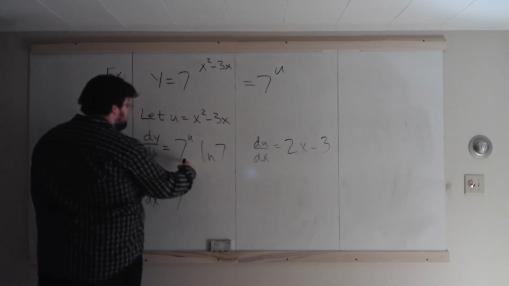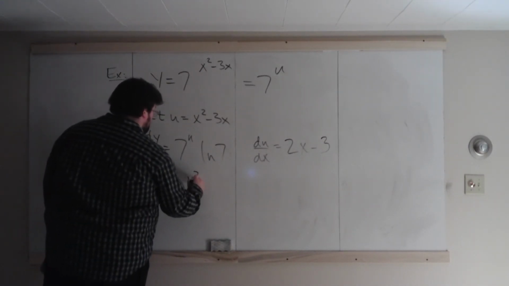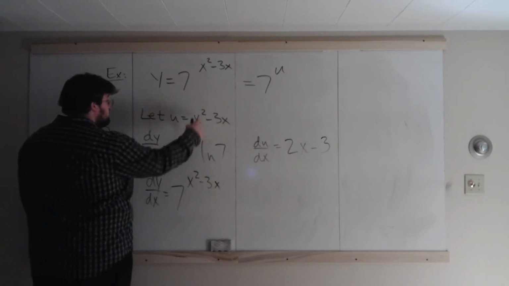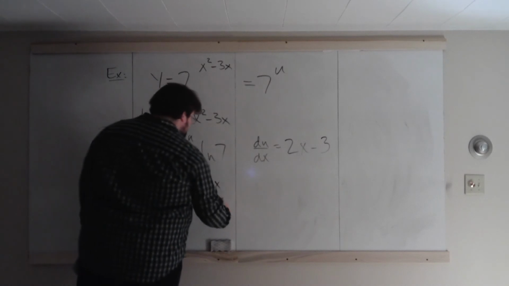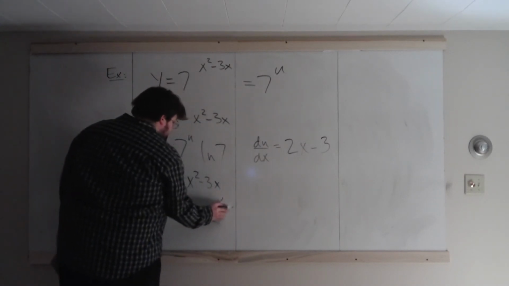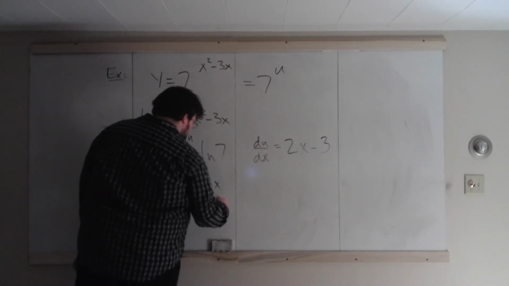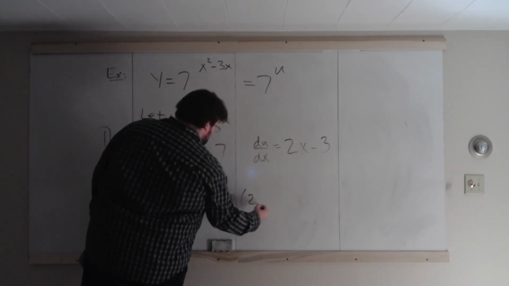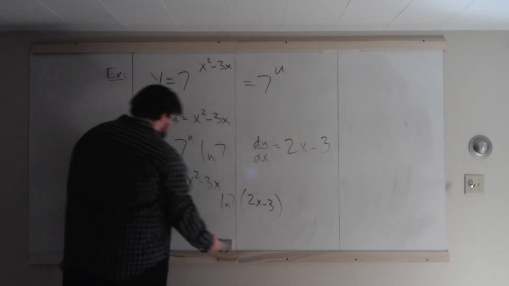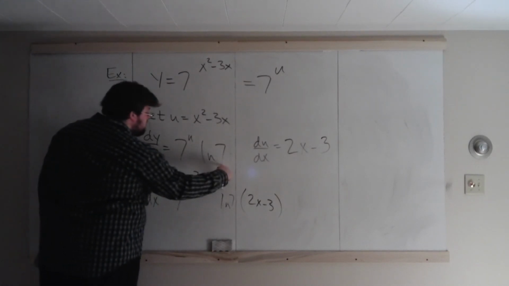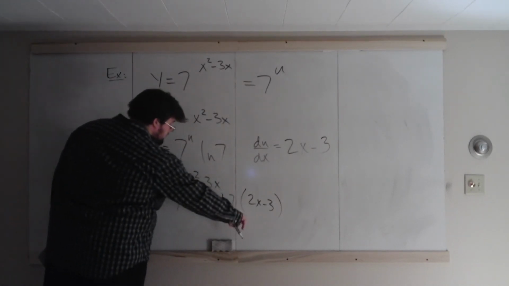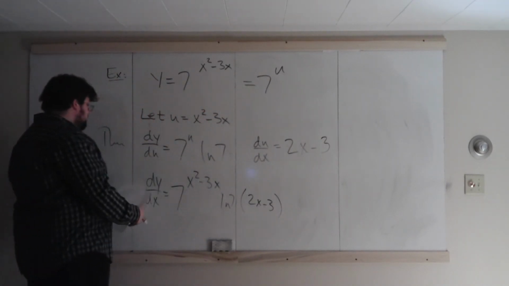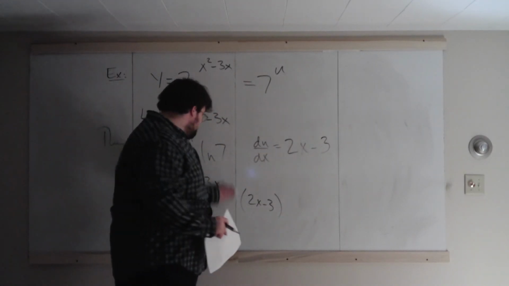So there's 7 to the u times the natural log of 7 times that. So we have dy du times du dx. Then you don't have to simplify that.